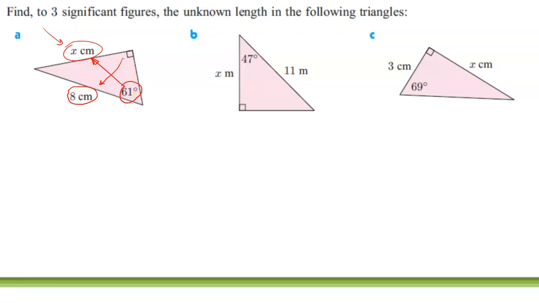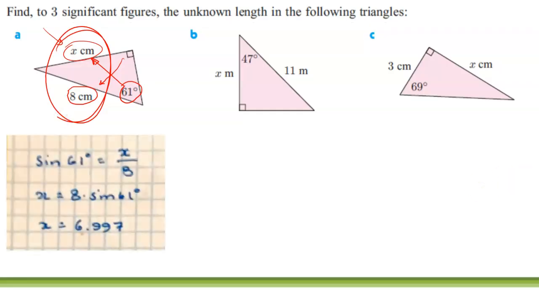In this case, the side length sits across from the 61-degree angle, so it's opposite, and you can see here that I've got the adjacent side and the opposite side, and that indicates that it's going to be the sine ratio. So I write down that the sine of 61 degrees is the opposite over the hypotenuse, and I cross multiply and solve, and I can see that it's 6.997.